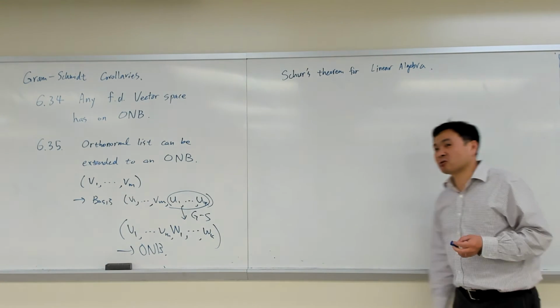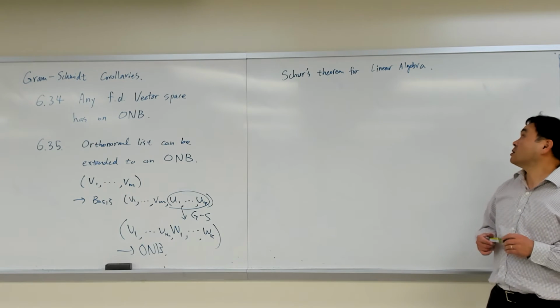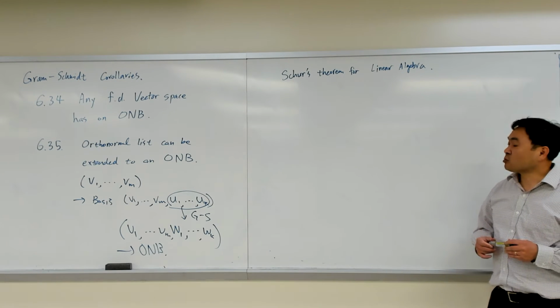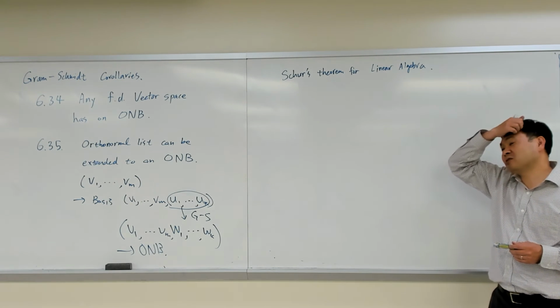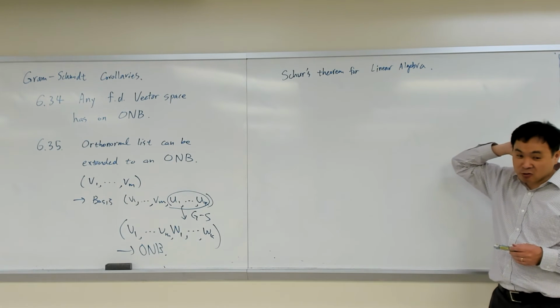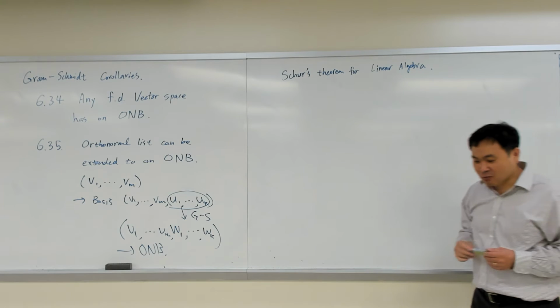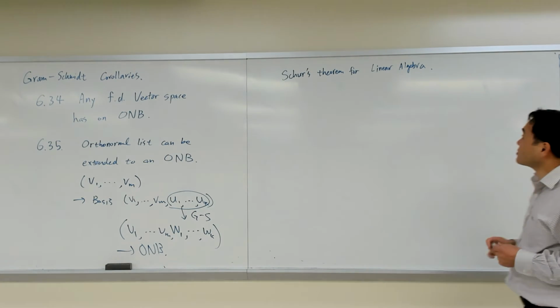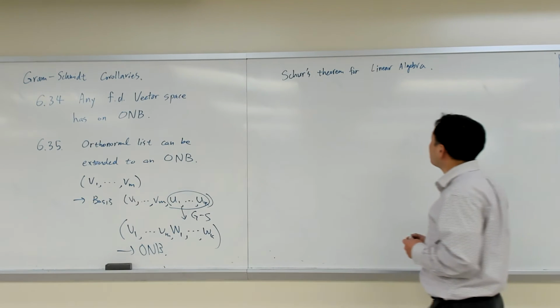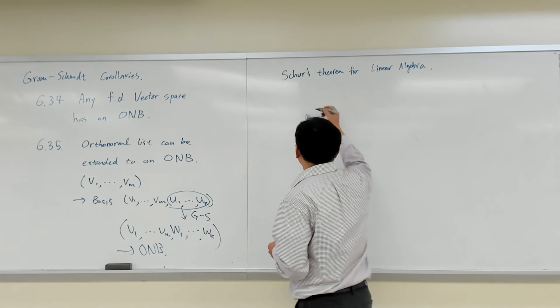That's something that you learn in grad school. And because representation theory also deals with linear algebra a lot, people get confused. But this has nothing to do with the famous Schur's lemma. This Schur's theorem for linear algebra says the following.